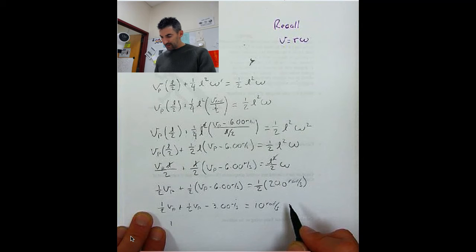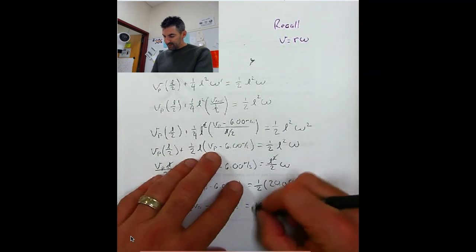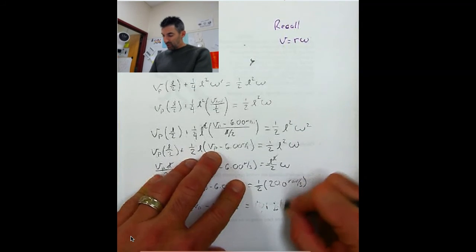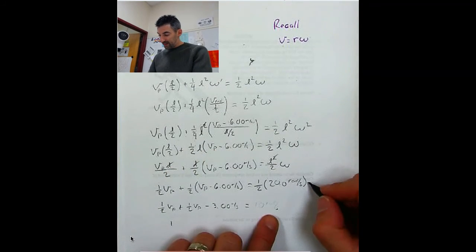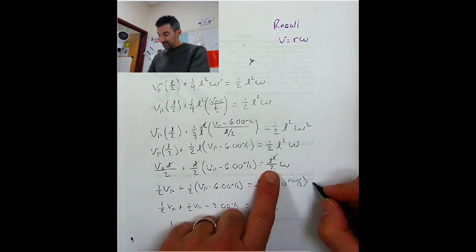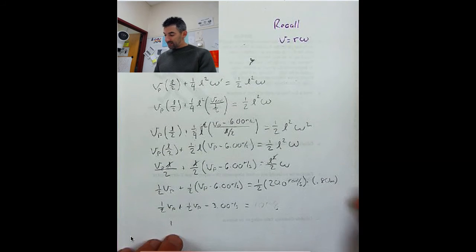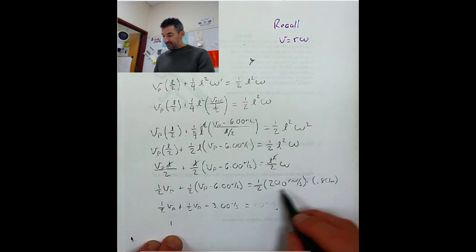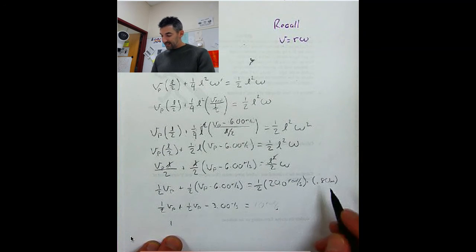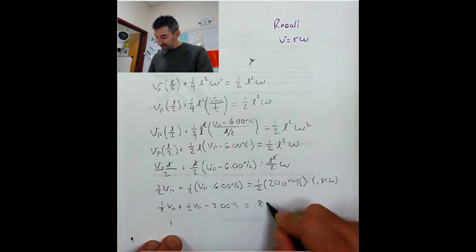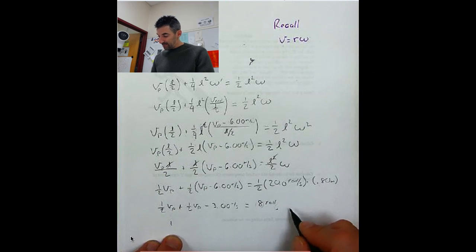Oh, wait a second. Oh, I dropped my L. Times the length of my rod, which is 0.80 meters. All right. So now that is 10. That's going to be 8 rad meters per second.